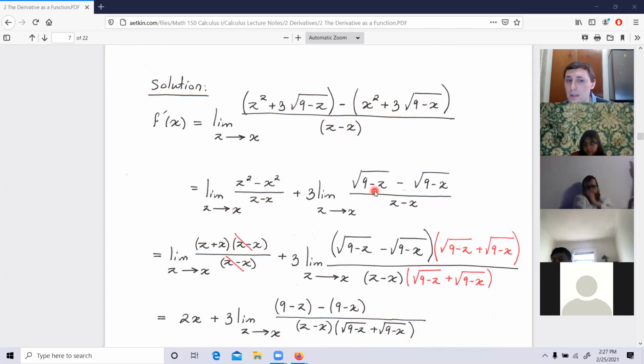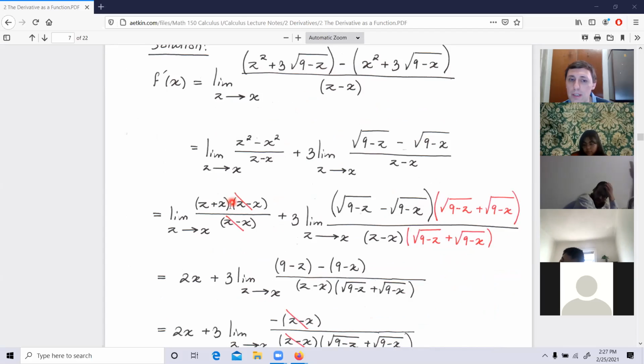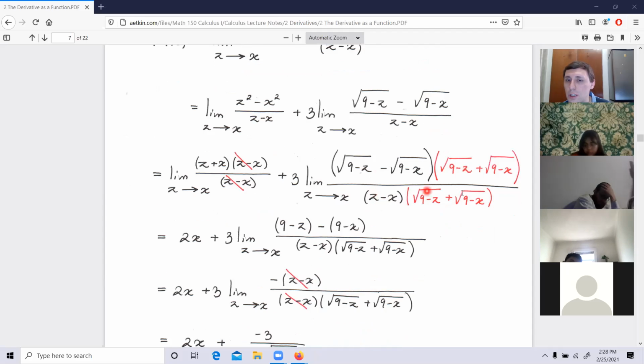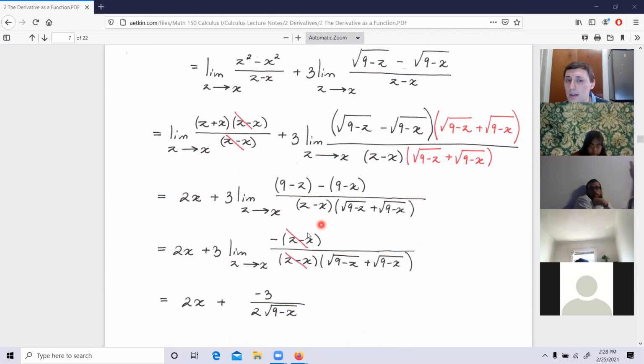Here it is. Now the first part is easy. I can factor out Z minus X and simplify. And here I decide to multiply by the conjugate. Once I multiply by the conjugate, the denominator I don't bother with. The numerator simplifies. Look at it. The numerator simplifies into minus Z minus X. You see? 9 minus 9 is 0.